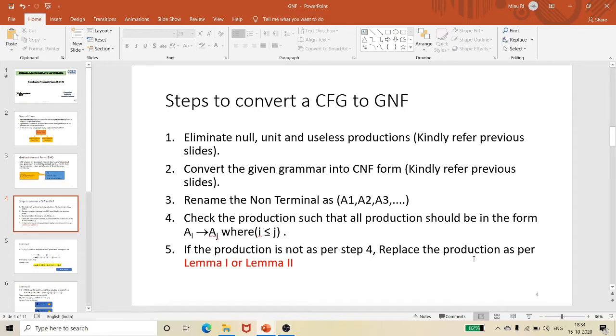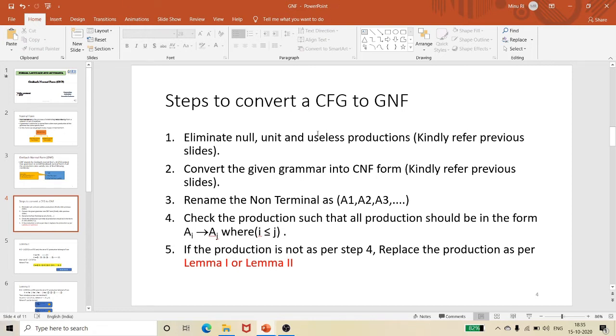This is very important because if you want to design a pushdown automata for a given grammar, only a GNF form will give you a reliable pushdown automata. If you want to convert a grammar to a PDA, only if the grammar is in GNF can it be easily converted, because we have a supporting theorem only for that. So GNF is very important.